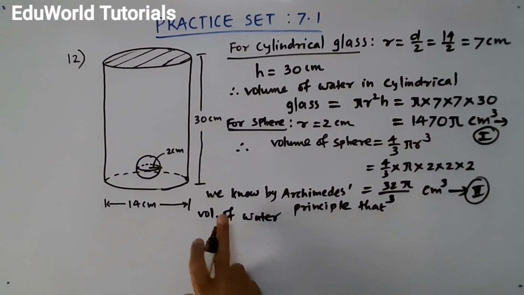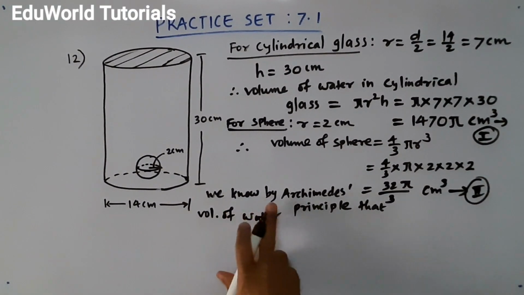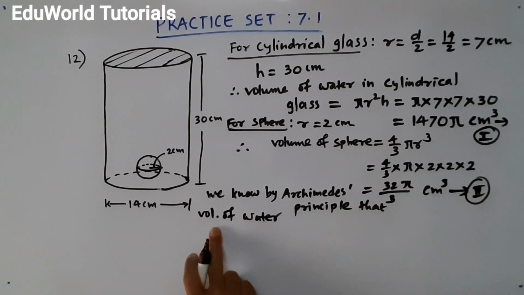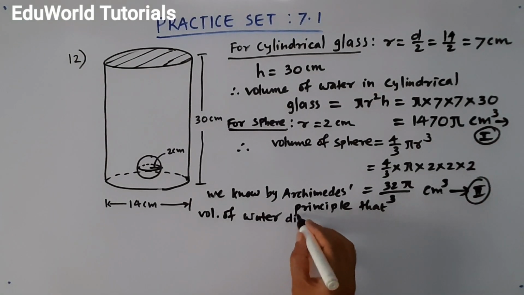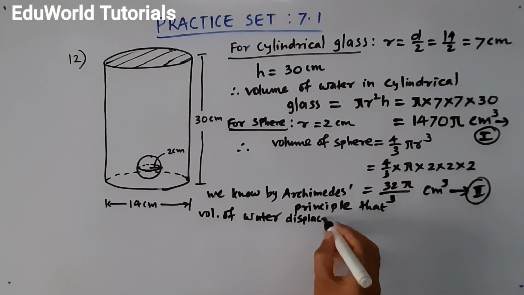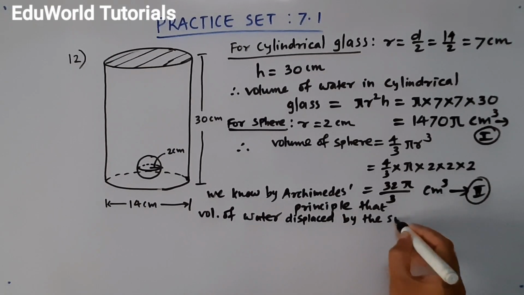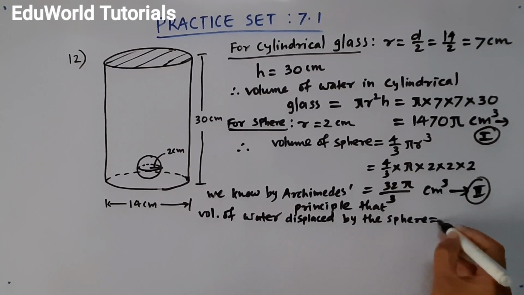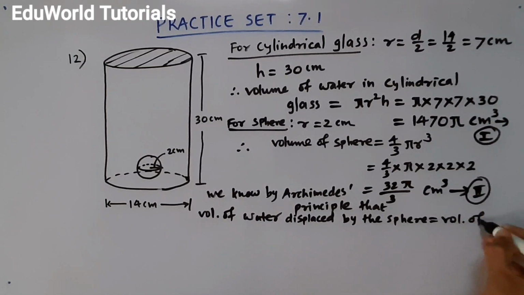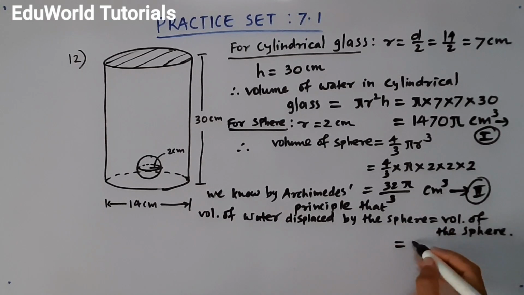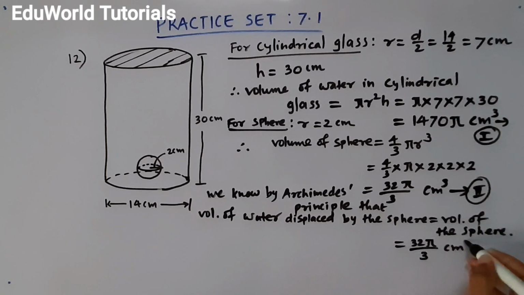So students, we write that we know by Archimedes principle that volume of water displaced by the sphere is equal to volume of the sphere. And that is equal to 32 pi by 3 centimeter cubed.